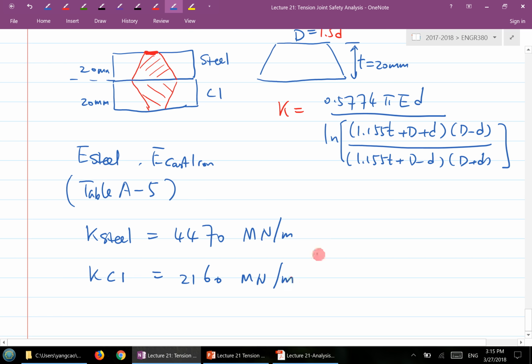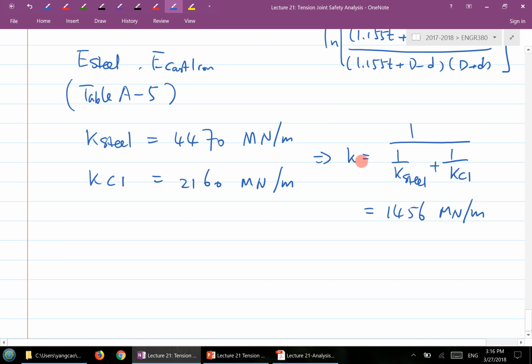Now you can calculate the total stiffness, which is 1 over K steel plus 1 over K cast iron, and you get 1,456 meganewton per meter. Almost there. So now you get the member stiffness, and you got the bolt stiffness.